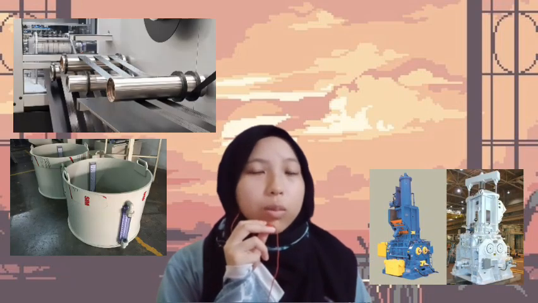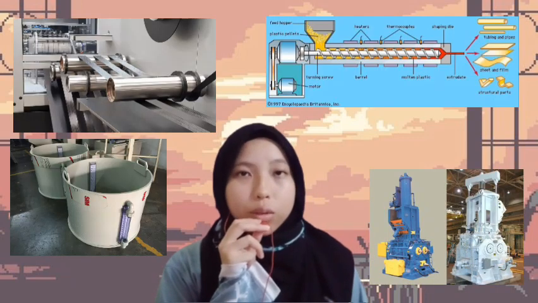First of all, many of the equipment used in this process are conventional masticating equipment, for instance, Banbury mixer, fabrication equipment, and double screw extruder.